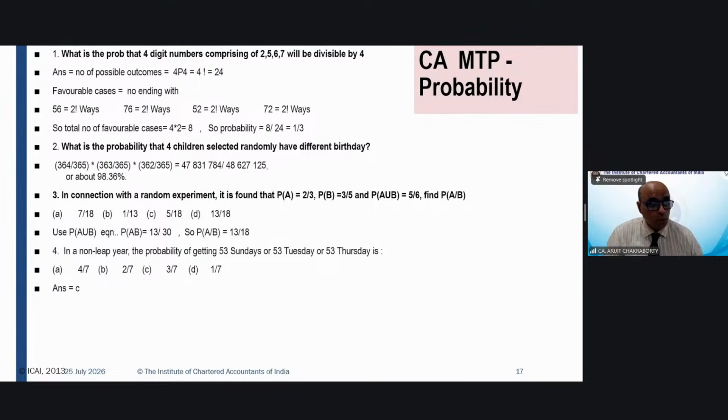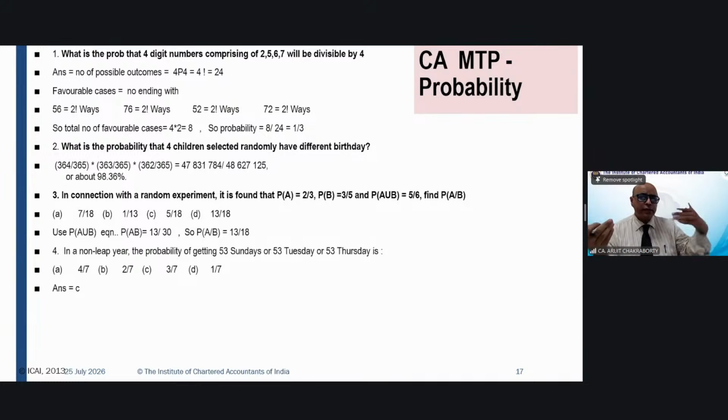In a non-leap year, that means this year is having 365 days. 52 weeks are over. So now we have the last day. 364 days are gone. So the 365th day, the last day of the year, the question is whether it is Sunday or Tuesday or Thursday. Now the last day of the year can have 7 options.